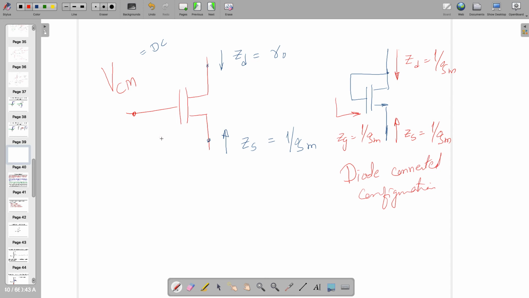This one is known as the current configuration because you can control the current through the fixed DC potential. So this is known as current, this is known as diode, and one more was the resistive load, right?